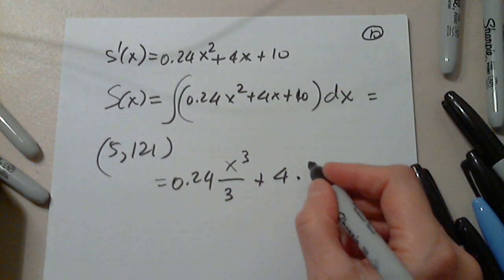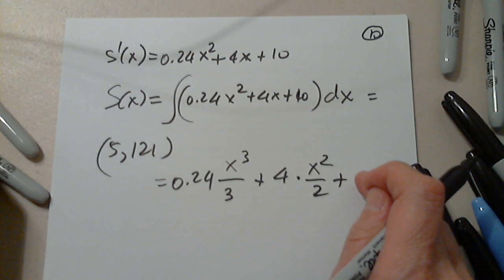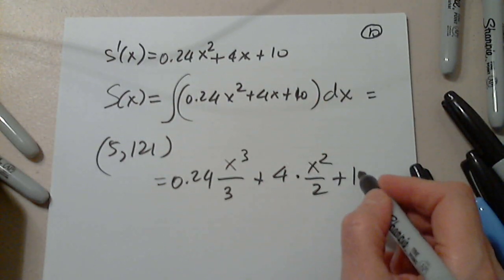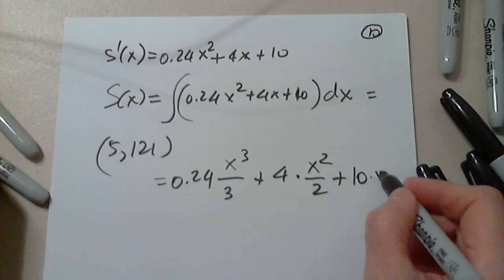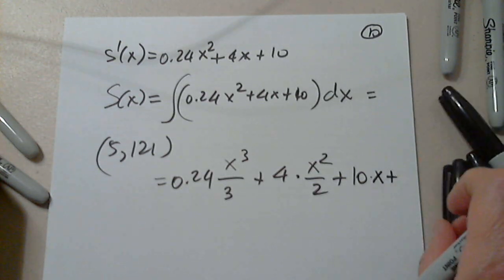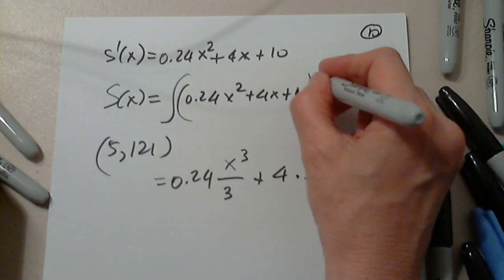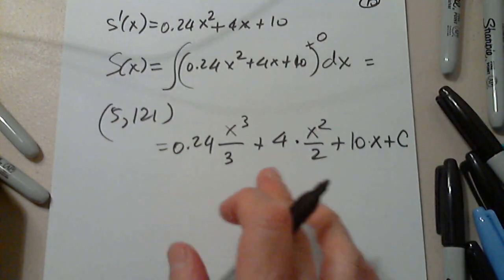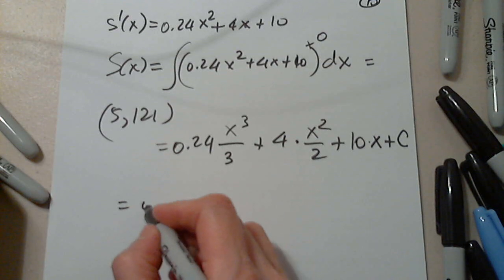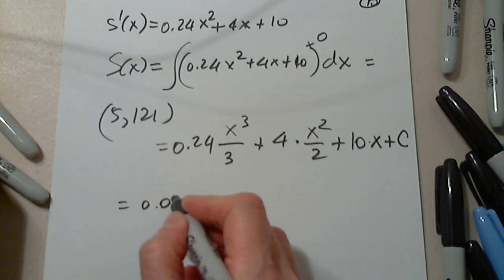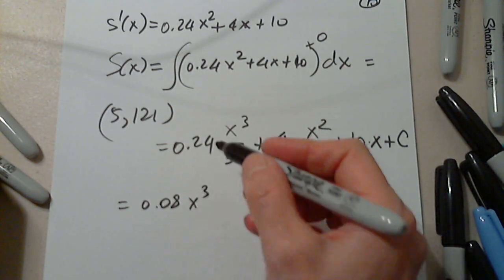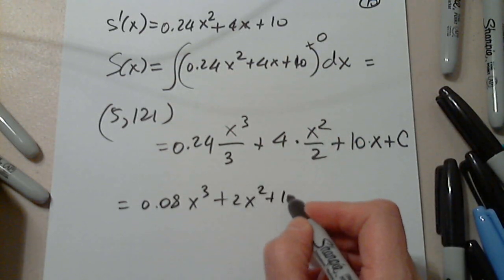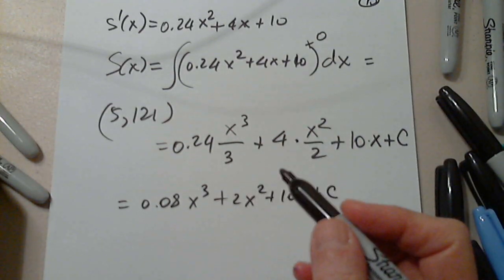X squared over 2. Excellent. I need the function whose derivative is 10. 10x. Yes, and I need a function whose derivative is 0 because there is also a 0 here. Yes, excellent. So I'll simplify a little bit. So I have 0.08x cubed. I've divided these two, plus 2x squared plus 10x and plus c.